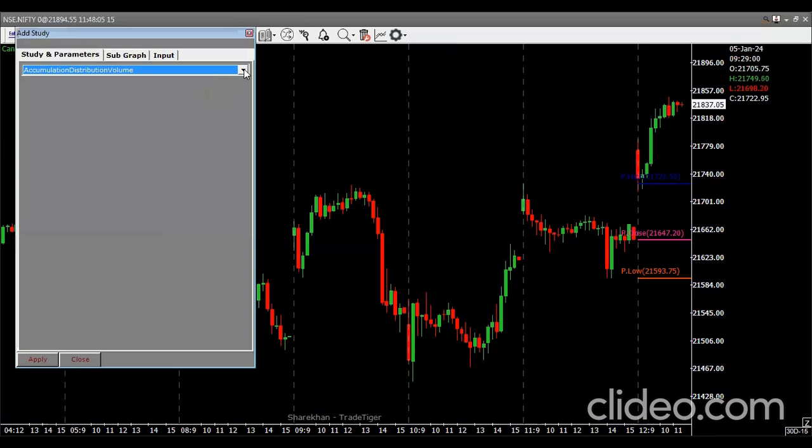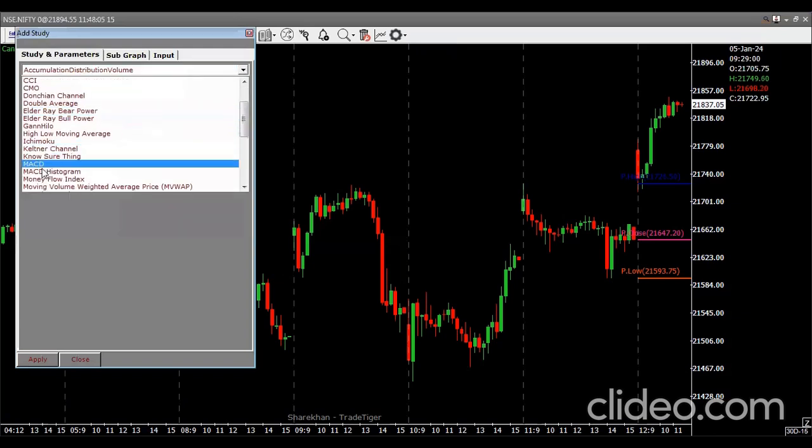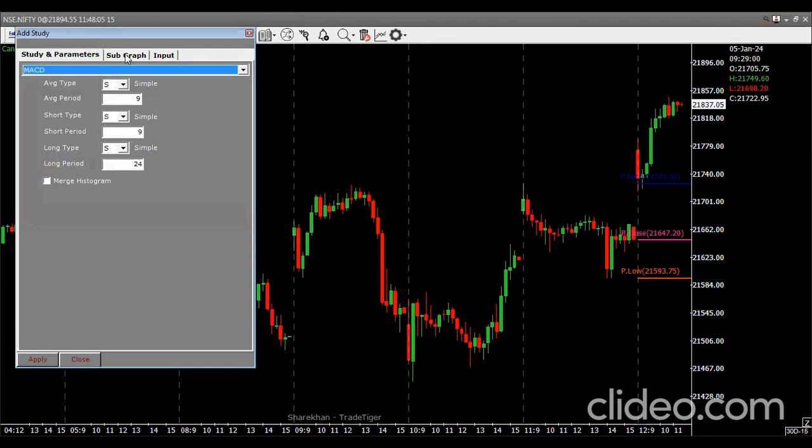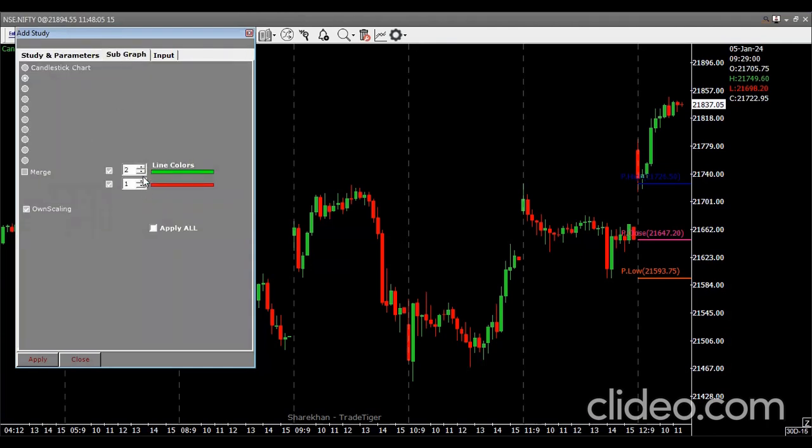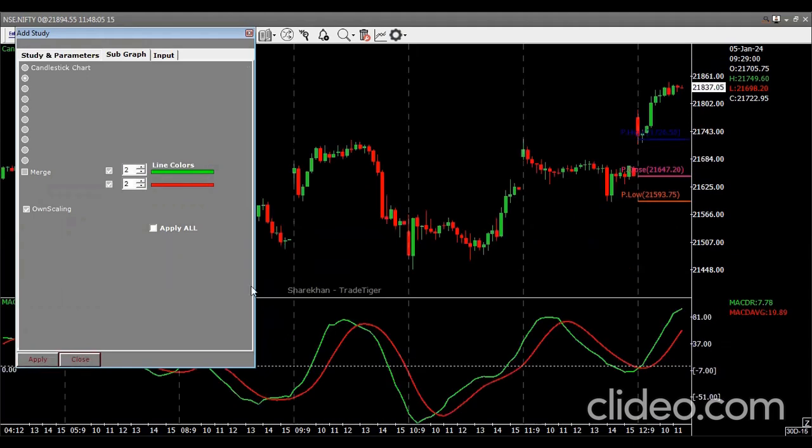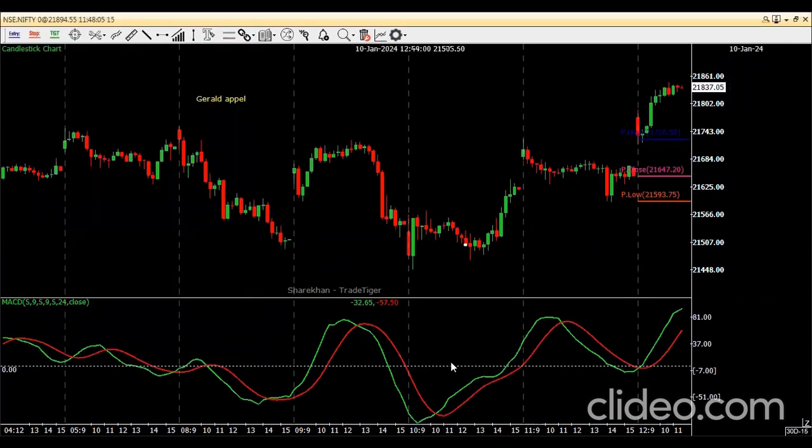I am going to add a study where I will search MACD. Let me zoom this to size 2 and apply it. Here you can see two different lines, one crossing over from above and one crossing over from below.